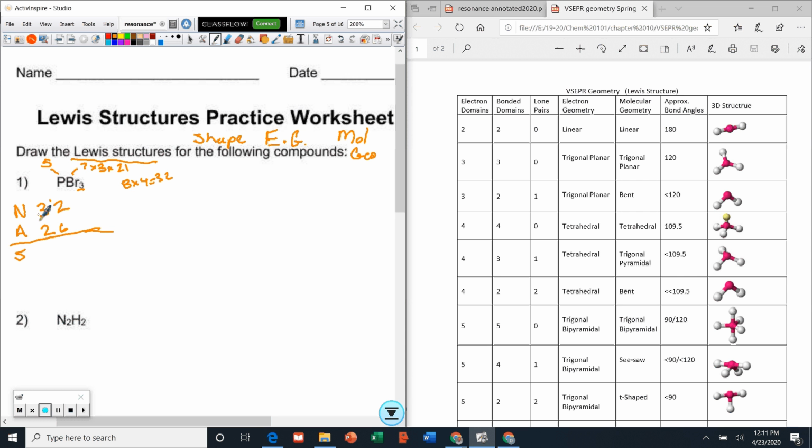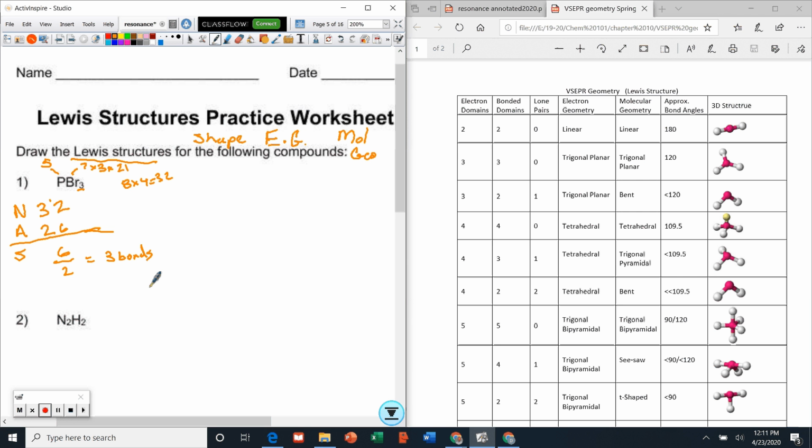It just helps us determine the number of electrons that we're going to share. So 32 minus 26 is 6 shared electrons. And since they share in pairs, if we divide that by 2, that means that there are 3 bonds.